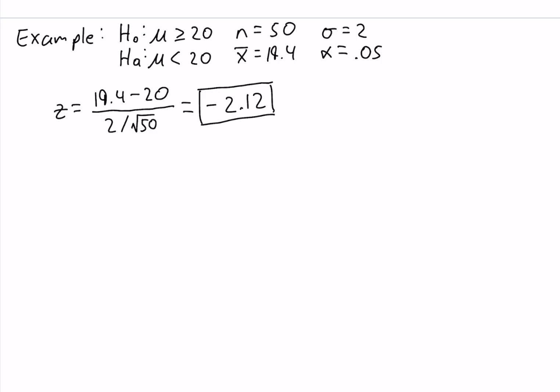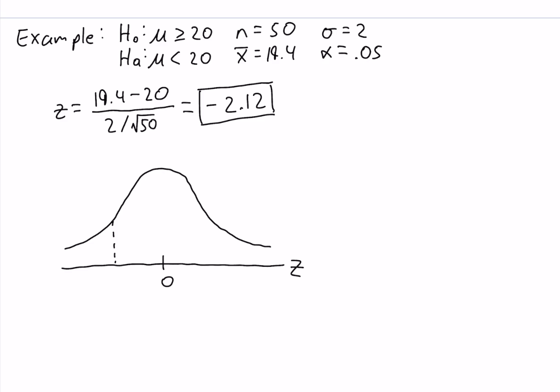So our p-value is the probability of getting a test statistic that's less than or equal to negative 2.12. Now our test statistic follows a standard normal or z distribution, so our p-value is the area to the left of negative 2.12 under a z distribution.